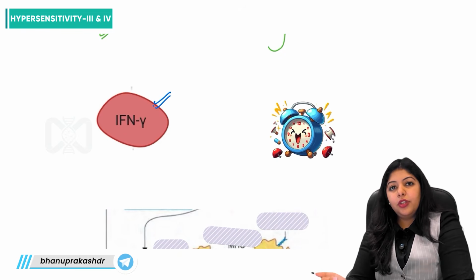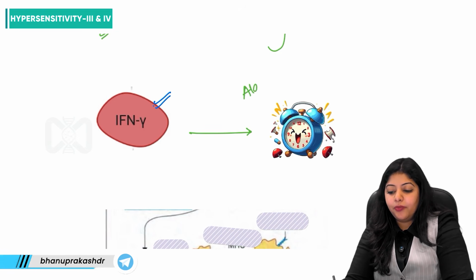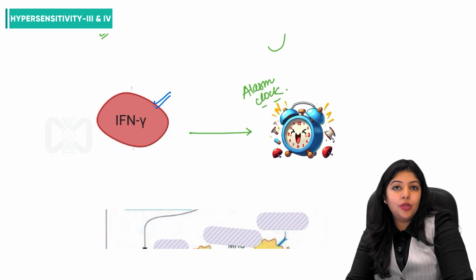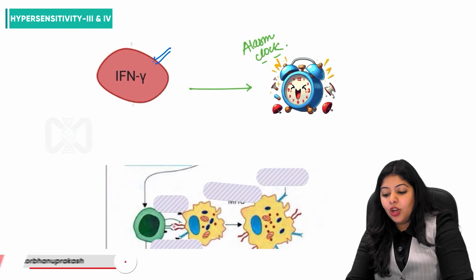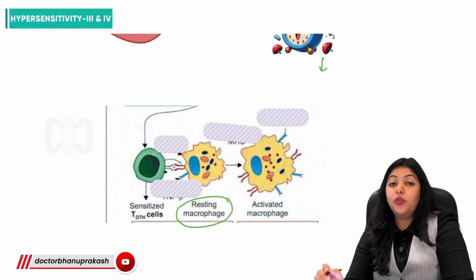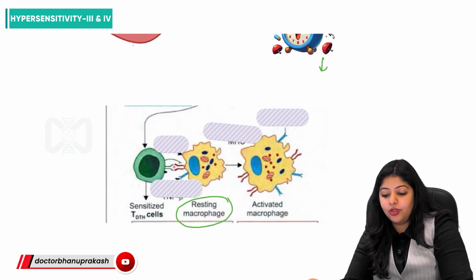So what is this interferon gamma doing? We said it is a key cytokine. It acts as an alarm clock. And for what is this alarm clock set? It is set for the resting macrophage. So it is going to wake the resting macrophages that you have to do tissue destruction, right?